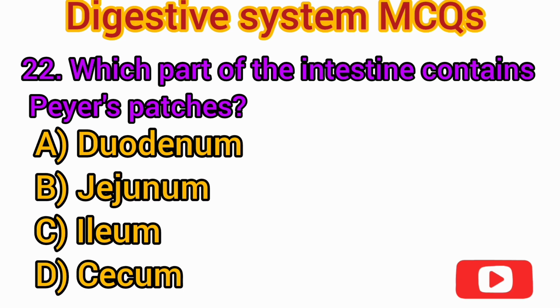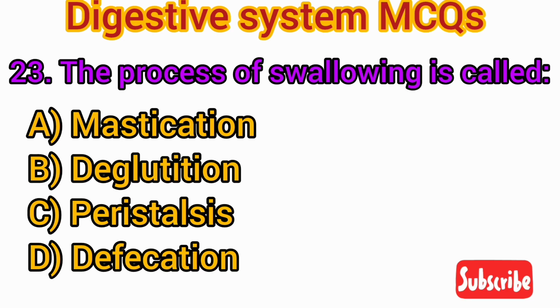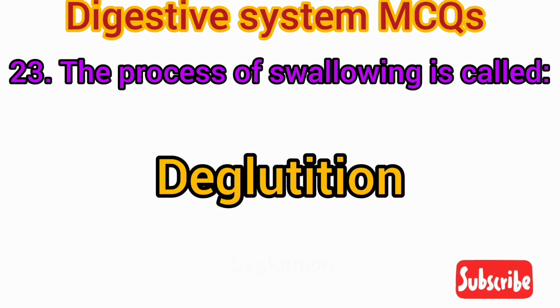Which part of the intestine contains Peyer's patches? Ileum. The process of swallowing is called... deglutition.